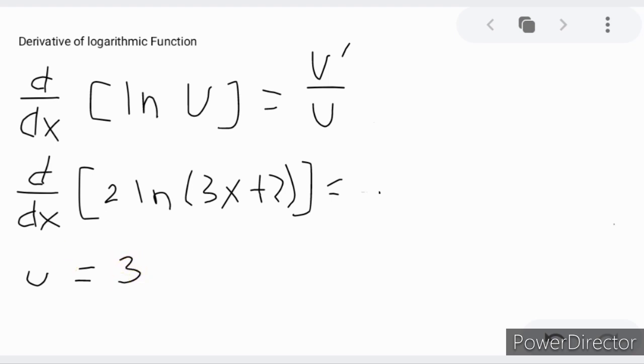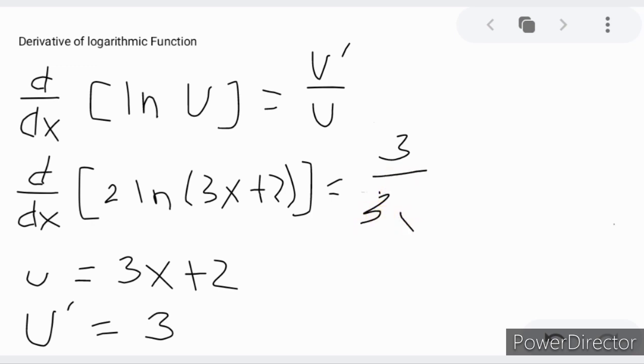So the value of u here is 3x plus 2. And we need to get the derivative of 3x plus 2, which is equal to 3. Therefore, our answer is 3 over 3x plus 2.